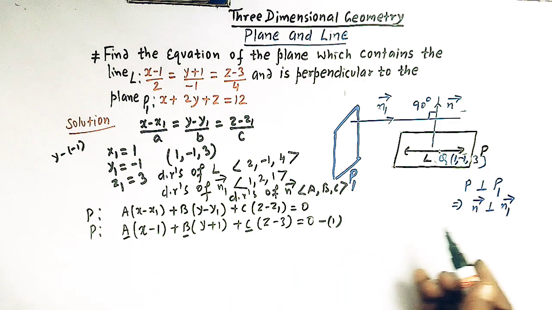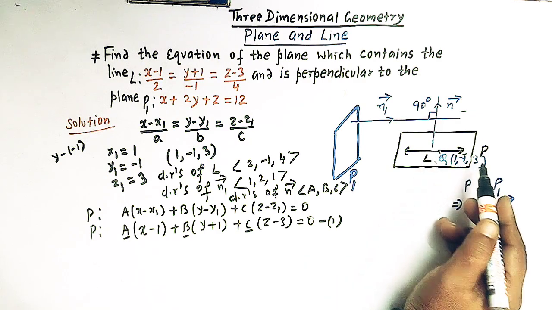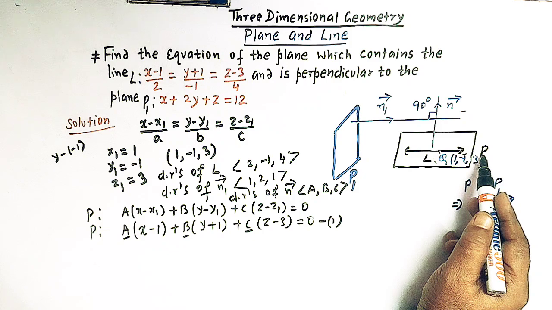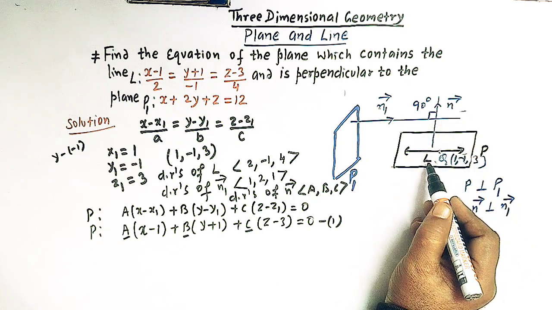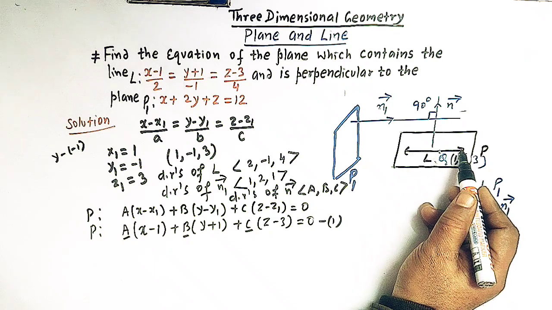See, this line L is contained by this plane P, so this normal vector must be perpendicular to this line L.